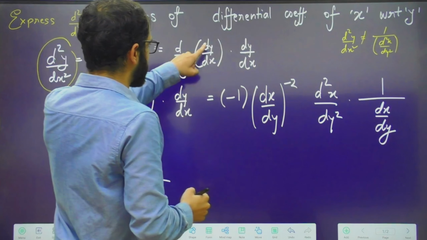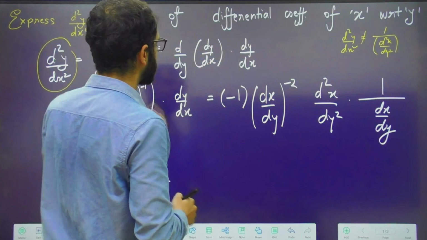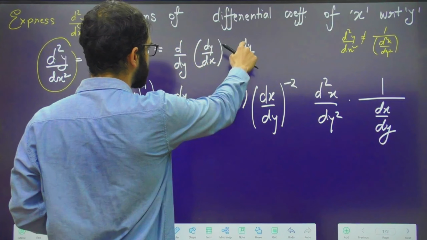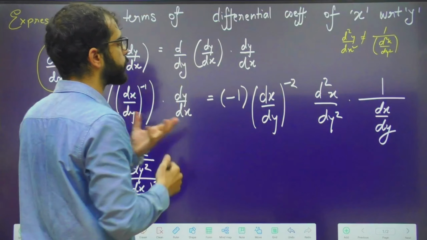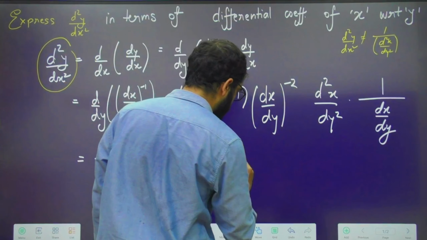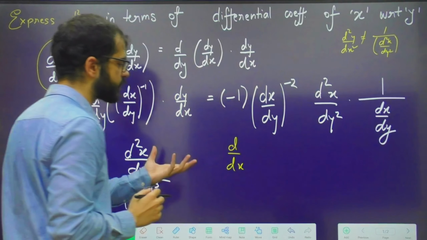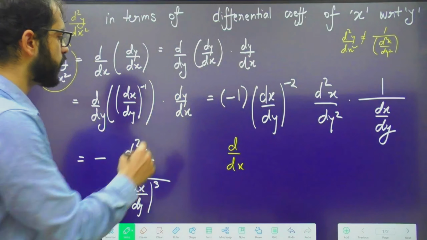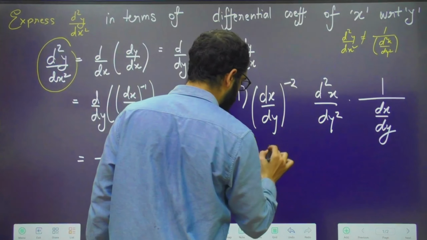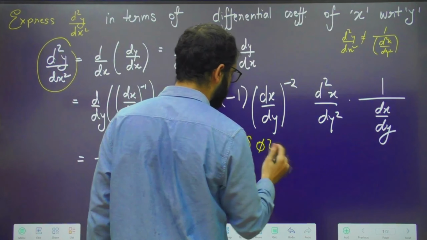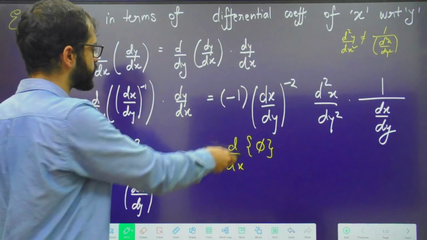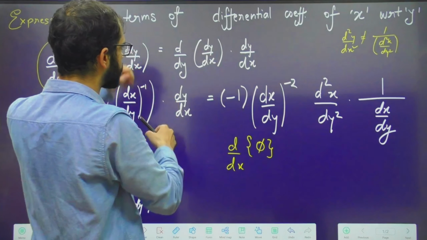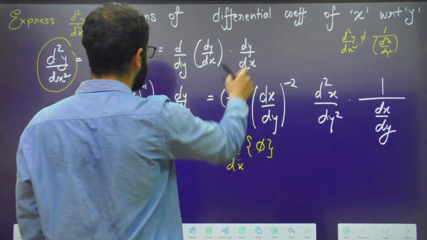Now I have dy by dx over here and dy over here. Now this dy and this dy won't get cancelled because we all know that d divided by dx is an operator, and since this is an operator, we have to apply it to anything over here. This is not a null set, I'm just representing it with a symbol. So now the symbol over here transforms into dy by dx, and this is dy upon dx.